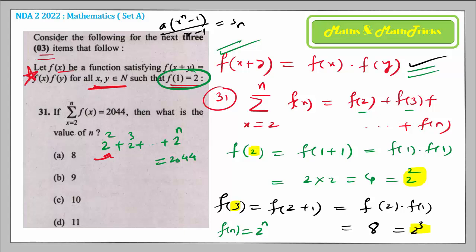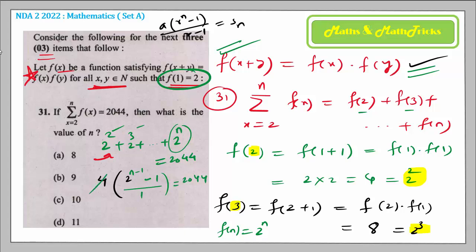So if you apply that formula, you are getting 4 into (2 to the power, how many terms these are? Understand how many terms these are. See, this is the last term, but exactly how many terms from 2 to n: n minus 1 terms. Can you understand this? n minus 1 terms, then minus 1) upon, you have 2 minus 1, which is 1, that is equal to 2044.